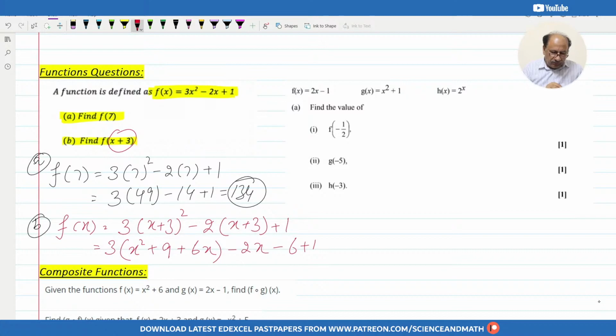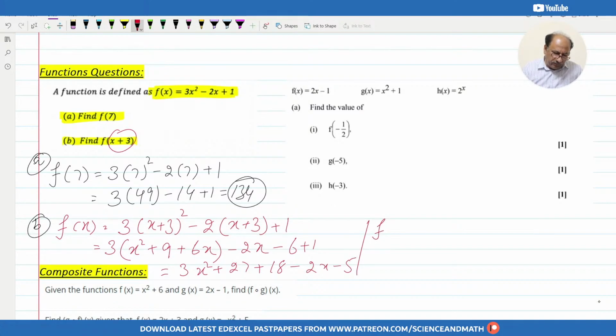and plus 1. Further we can open the brackets and we will get 3x squared plus 27 plus 18x minus 2x minus, this will be 5, and we can simplify further.